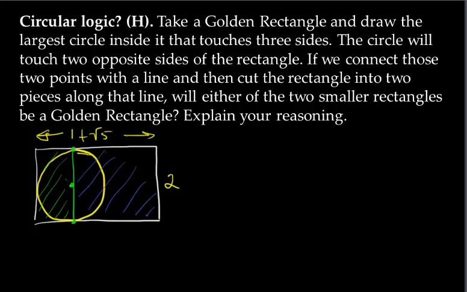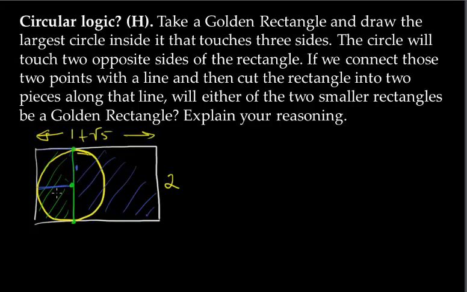Well, we have to know their length and their width. It's always the same thing. So let me stay in blue here, and we'll figure out the length and width of the blue one. The important thing to notice is that the radius of that circle, this length, this length, is 1.